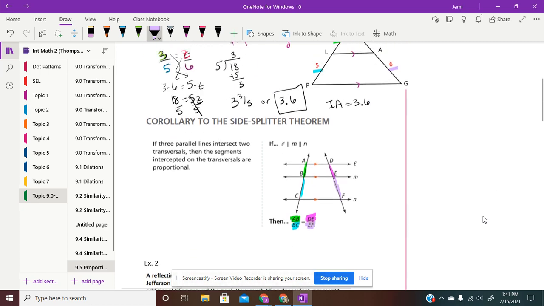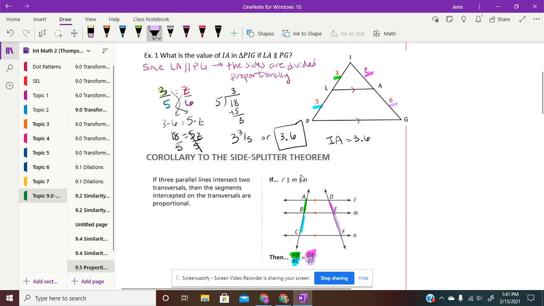So it's kind of just the same thing. It's just saying instead of having a vertex up here, maybe I just have this open. I could still set those up as long as these lines here, what they call L, M, and N, are parallel.